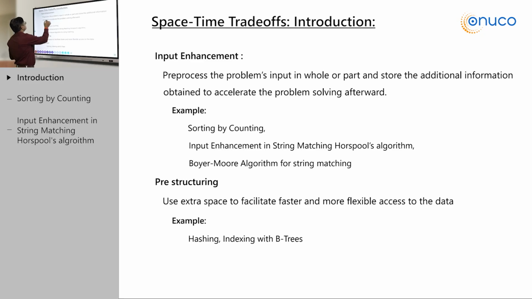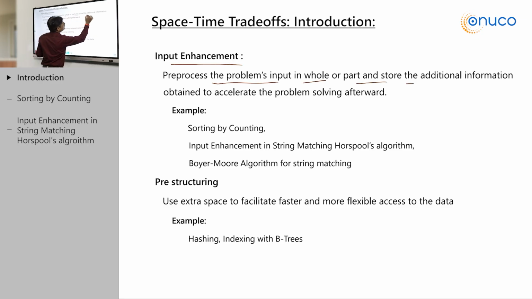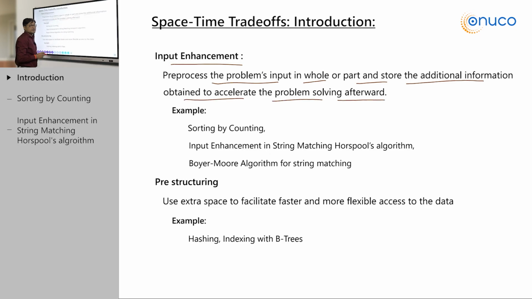Let us see about input enhancements. It preprocesses the problem's input, in whole or in part, and stores the additional information obtained to accelerate problem solving afterward. It means we may perform the task using some arrays or different structures in such a way that we can perform the task faster.